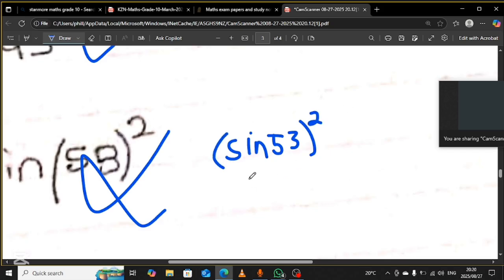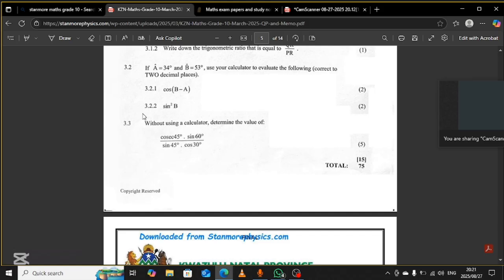So then this will give you what? Punch this on your calculator. It's 0.63. You also put the brackets, right? Not degrees. 0.63, not degrees, actually.